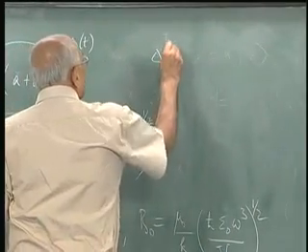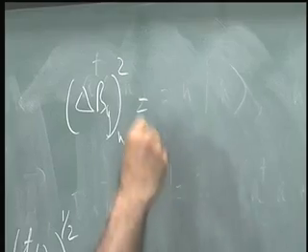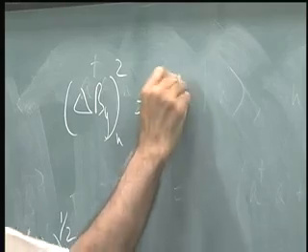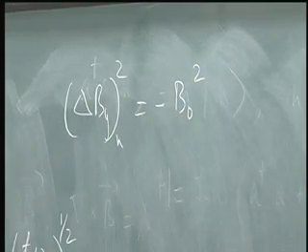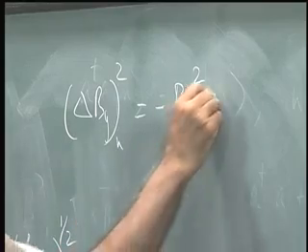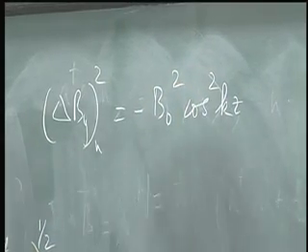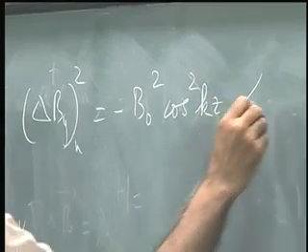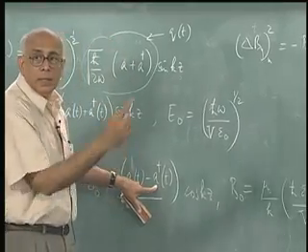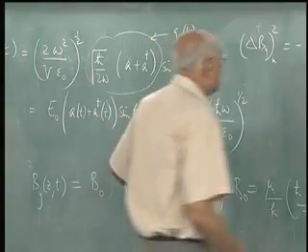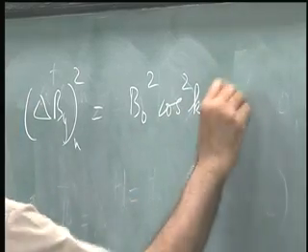Delta By whole squared in this number state n is B naught squared minus, because I have a minus here, and then cos squared kz, then the expectation value of A A dagger and A dagger A, both with minus sign, so this minus sign goes away, and that is just going to give me 2n plus 1.